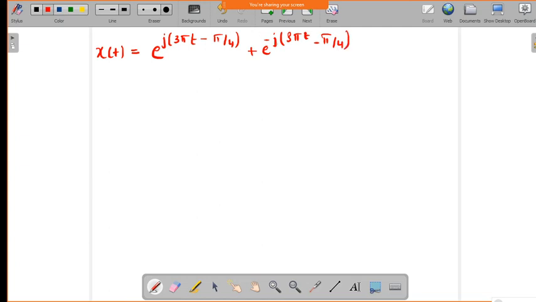So this is one expression, and for x of 4 we will get 2 into e power j into 4. So we have to write here omega naught.